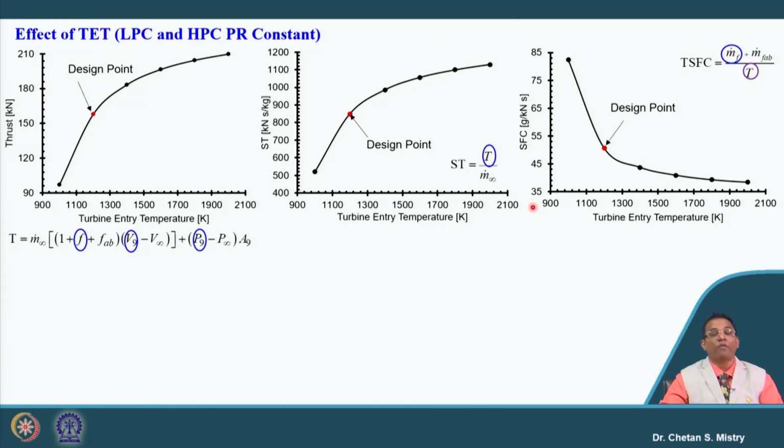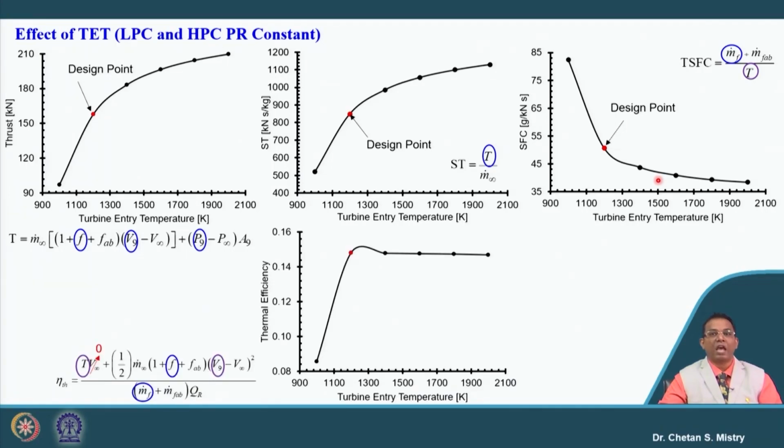And we also have realized it is not just the number; we need to be careful about the material of our turbine blades. It may not sustain very high temperature because of metallurgical constraints, and that is what puts our limit on turbine entry temperature.